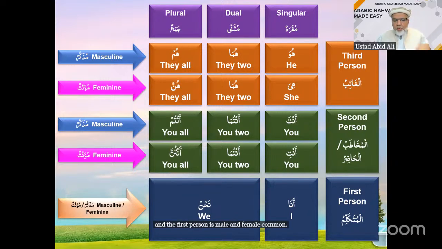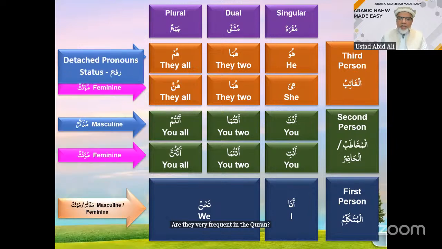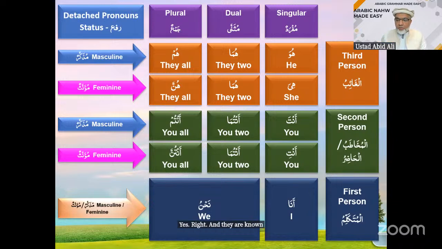Now, if you think about it for a second, these are used in the Quran a whole lot. Are they very frequent in the Quran? Yes. And they are known as detached pronouns. So once we know they are detached pronouns, we remember one thing: all of these are of Rafa status.